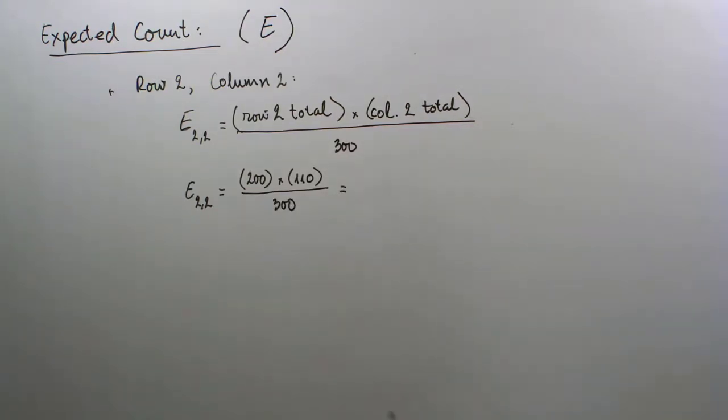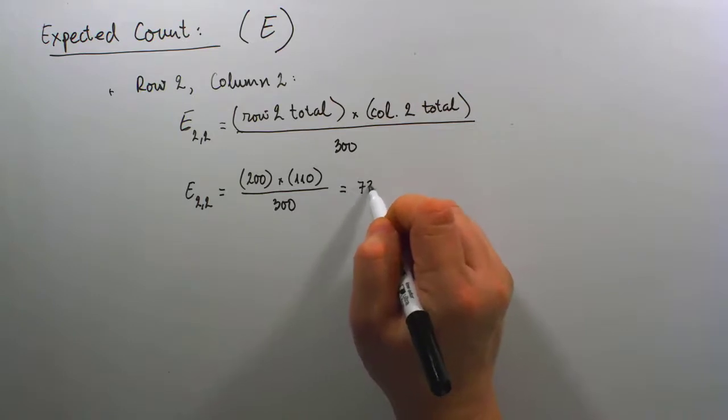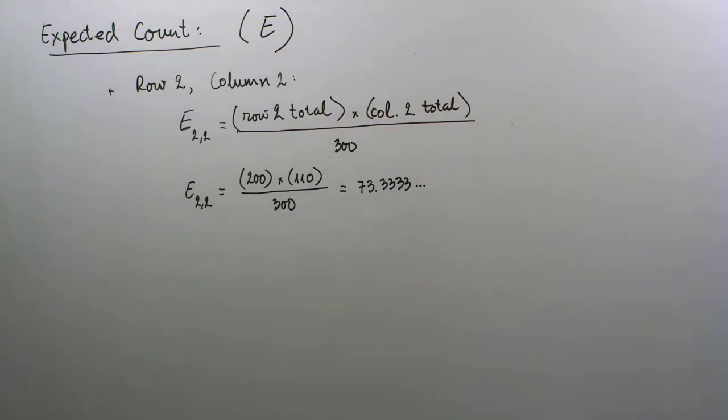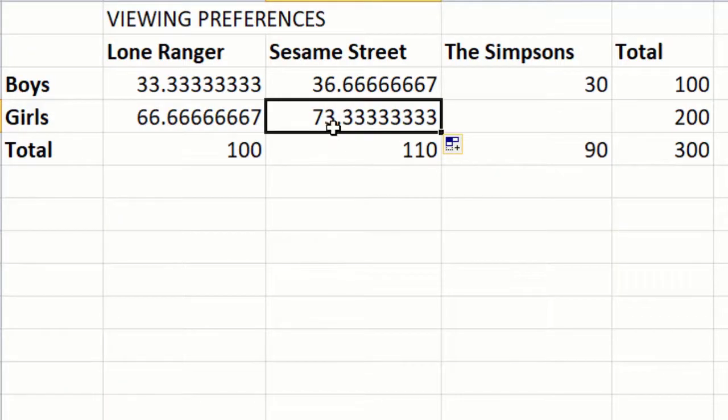My calculation came out to 73.3333, and a lot of threes. This is the value that needs to be entered into row 2, column 2 for the expected count.